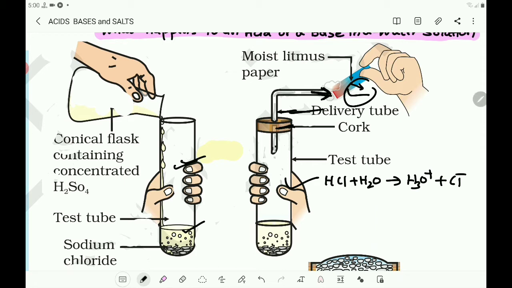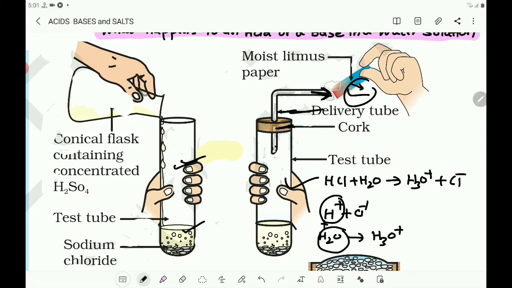You know that in HCl, H plus and Cl minus ions are there. So this H plus combines with H2O to give H3O plus, that is hydronium ion. Hydrogen ions cannot exist alone, but they exist after combining with water molecules.